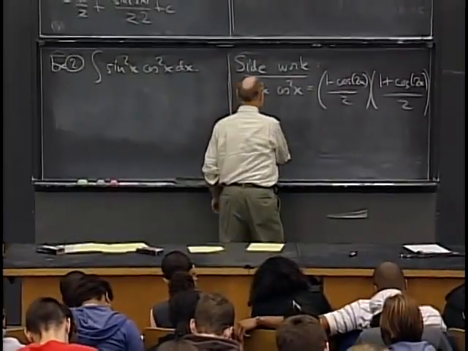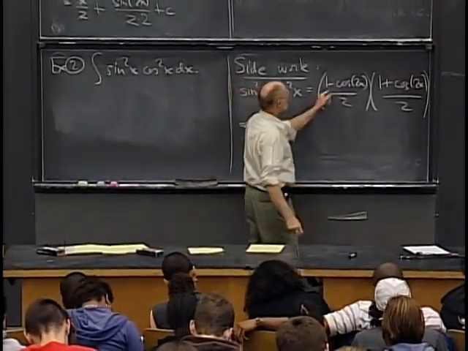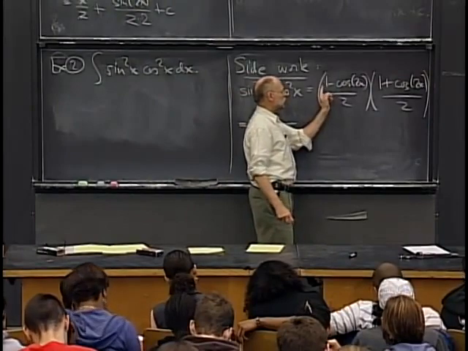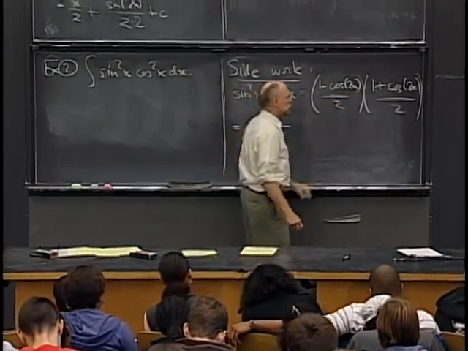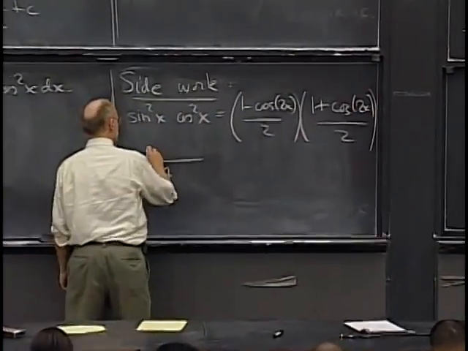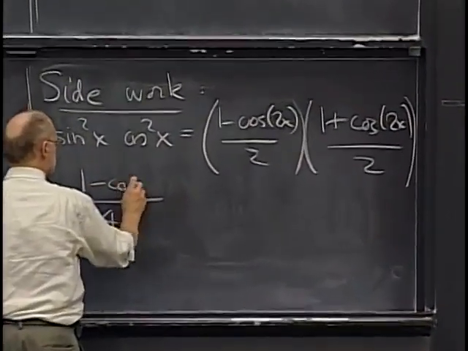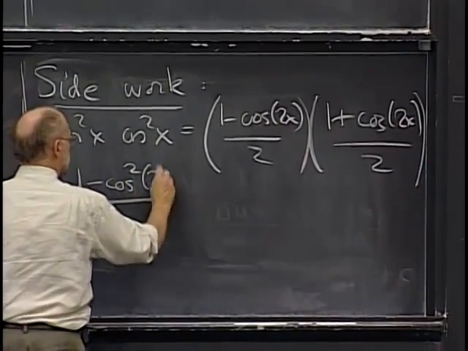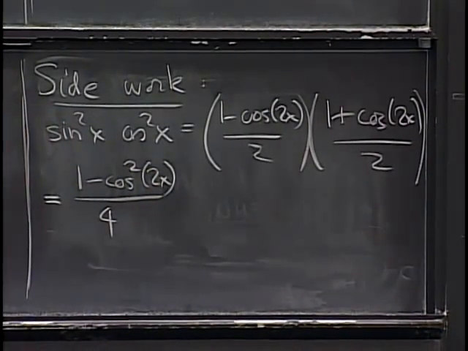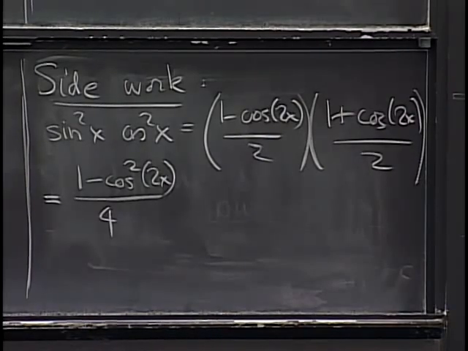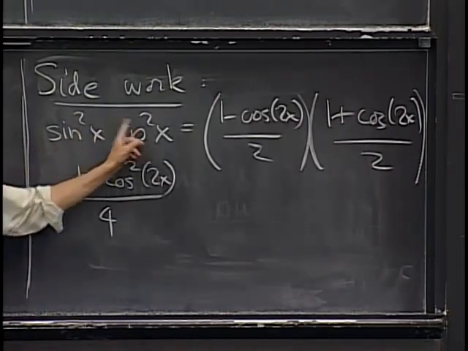Taking the product of these two things, well, there'll be a 4 in the denominator. And then in the numerator, I get the square of this minus the square of this, right? A minus b times a plus b is a squared minus b squared.